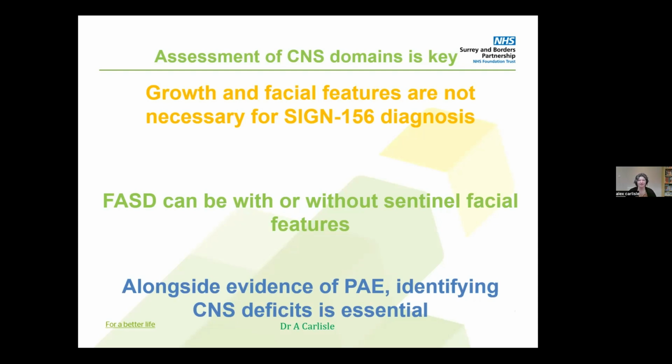So the formal psychometric assessment part is important because it relates to the central nervous system deficits, which have to be present in all cases of FASD, as well as prenatal alcohol exposure, unless you have all 3 facial features, in which case the evidence of alcohol is slightly different. You may be able to give a diagnosis for somebody if you've ruled out other factors, if there are facial features plus central nervous system deficits.